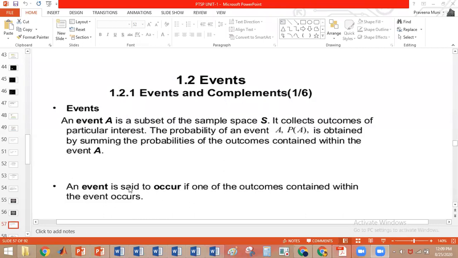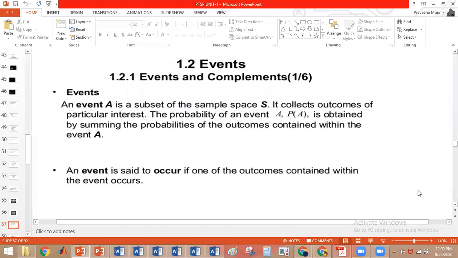When you throw a die, if I am getting 2, then we say that the particular event has occurred. Otherwise we say that the event does not occur. Is it clear?